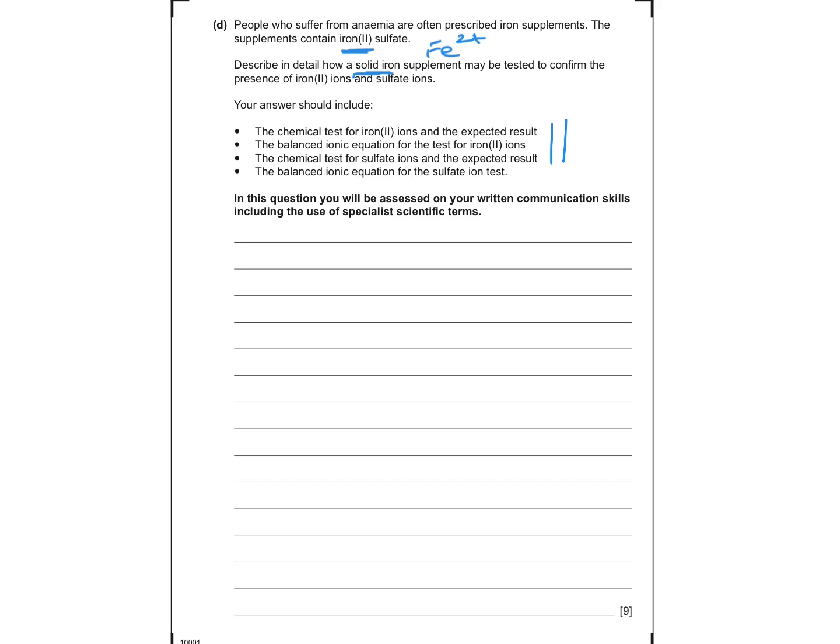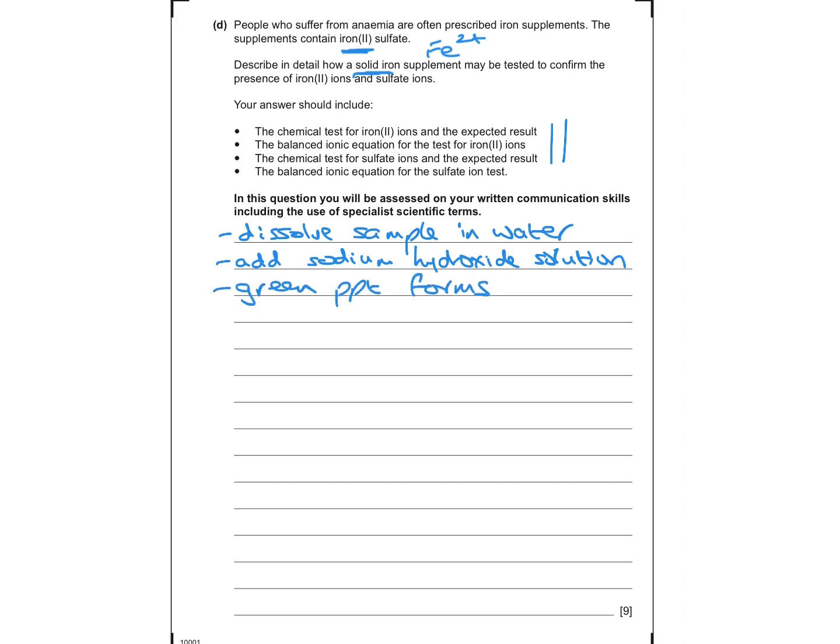So the first thing you do is dissolve in water, or make a solution of the sample, and then add sodium hydroxide solution. And when it's iron 2, there will be a precipitate formed, and it's a green precipitate.